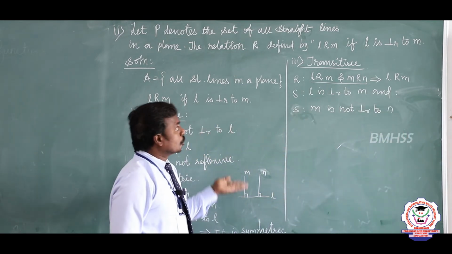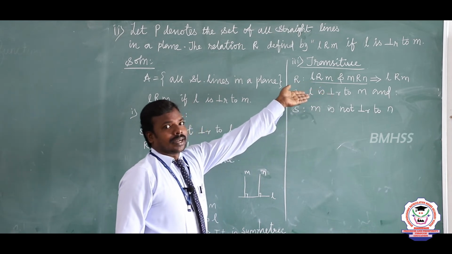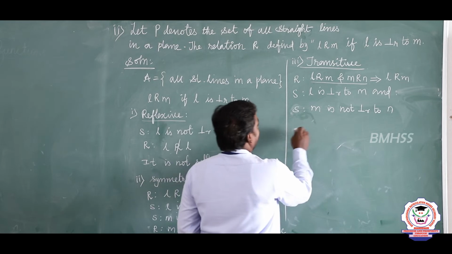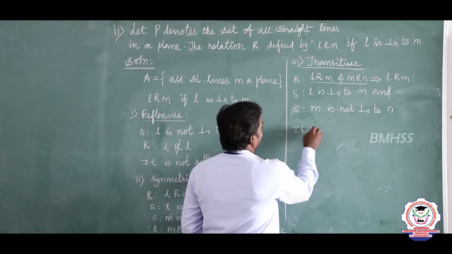So for the relation, there is no need to check whether the third one is perpendicular or not. From this, we can directly write it is not transitive.